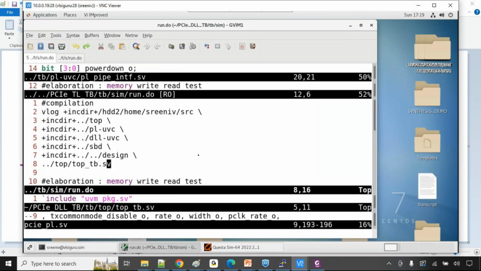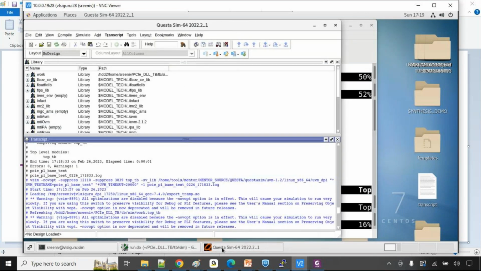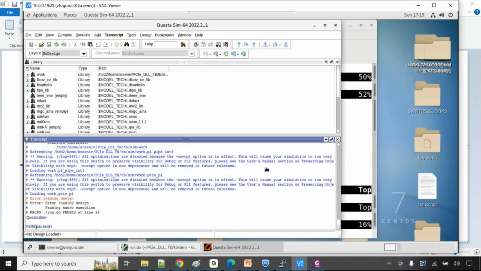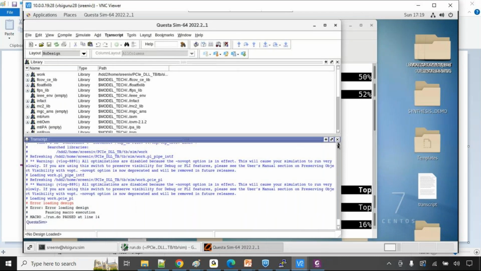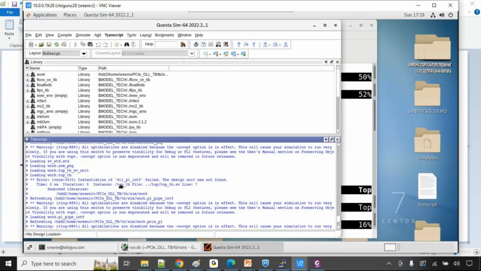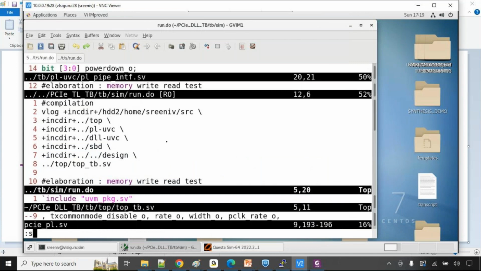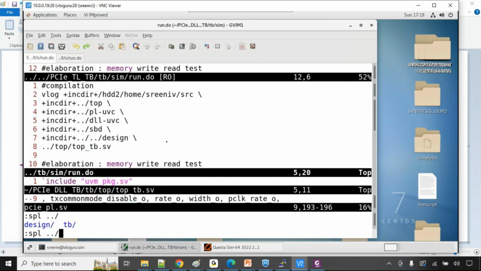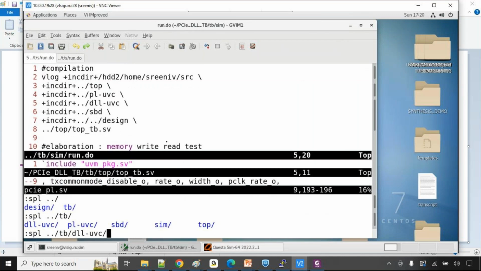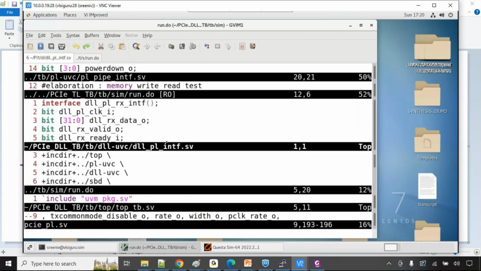VLOG, top TB. An instantiation of DL design unit was not found. Why is it not found? Maybe I didn't change the... I have to define the interface name properly. I got it. Testbench, DLL UVC, DLL PL UVC. See here I didn't change the name. That's the reason.